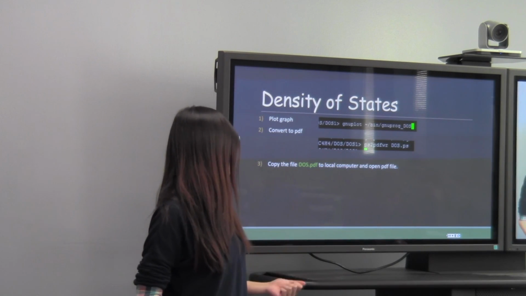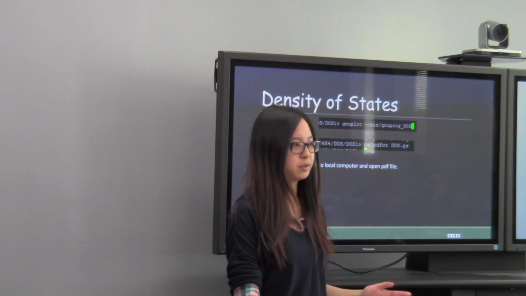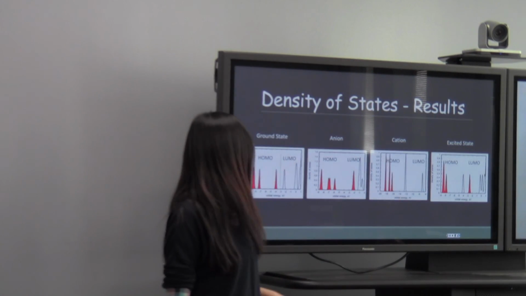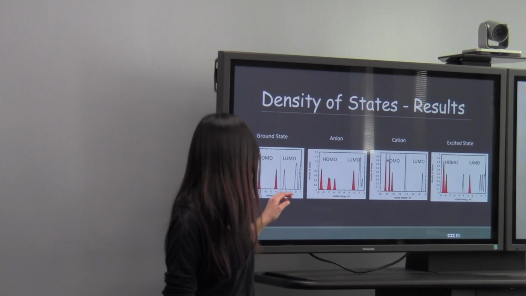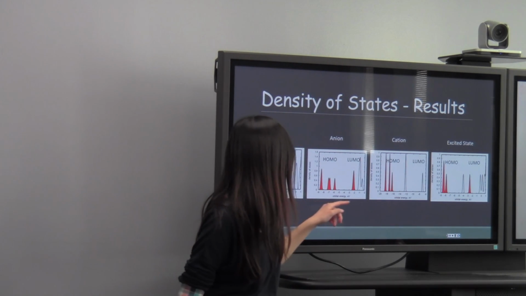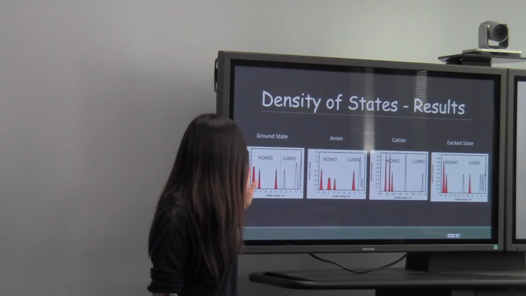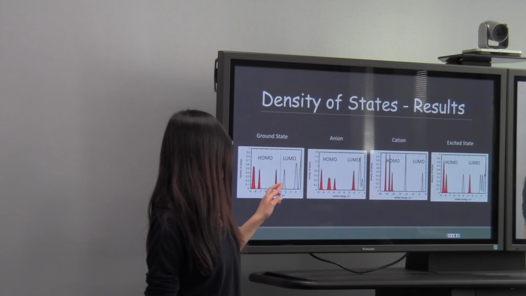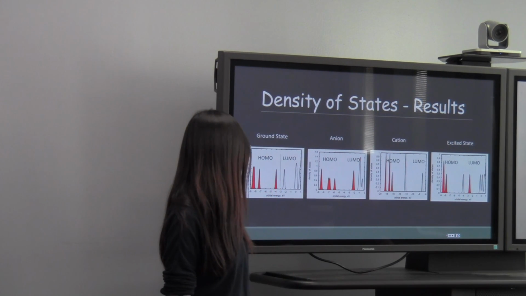Then you can plot your graph, convert to PDF, and copy to a local computer to view your file. The results can be very different for the ground state, anion, cation, and excited state. The red color shows the orbitals being occupied by the electrons.